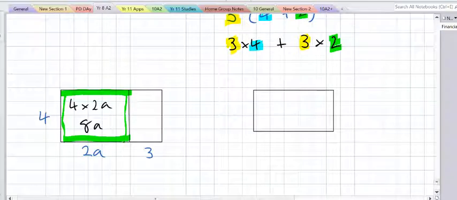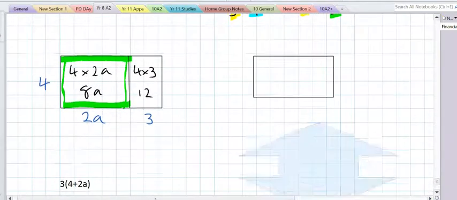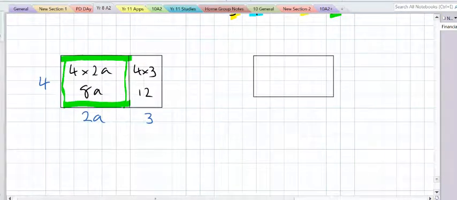That's okay? What about the other box? The one that we haven't coloured? Yeah? 4 times 3 is 12. Alright? Now, if we're going to write this in a math sentence rather than drawing a box, it would look like this.